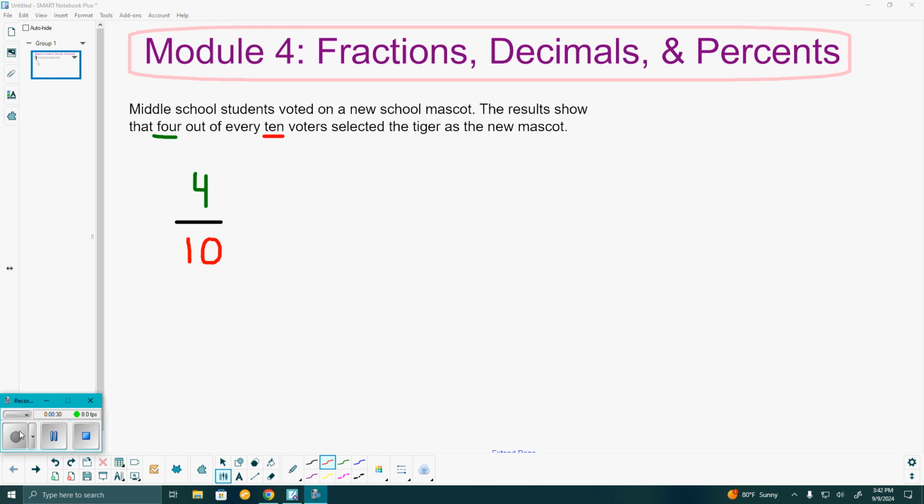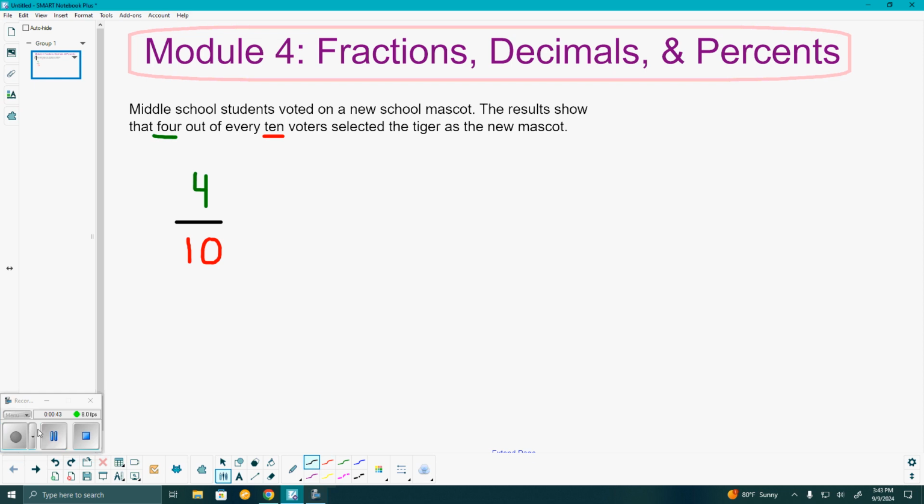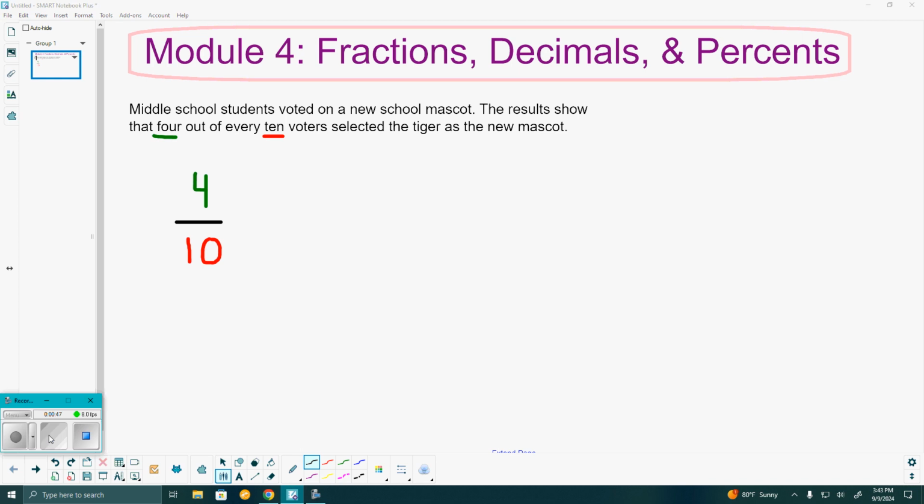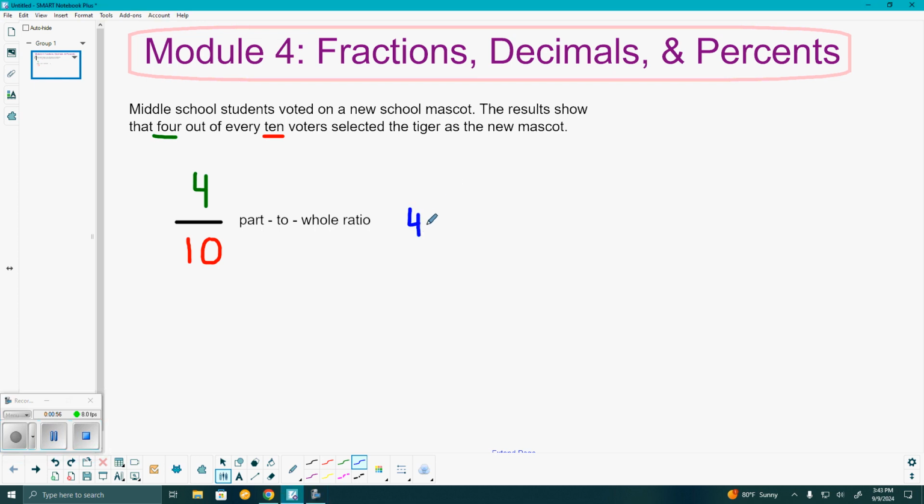So if we were to write this 4 out of 10 as a fraction, we could write it 4 out of 10. This 4 out of 10 is known as a relationship. The type of relationship it is called a part-to-whole ratio. So since we know that it is a part-to-whole ratio, another way that we can write part-to-whole ratios is 4 colon 10.